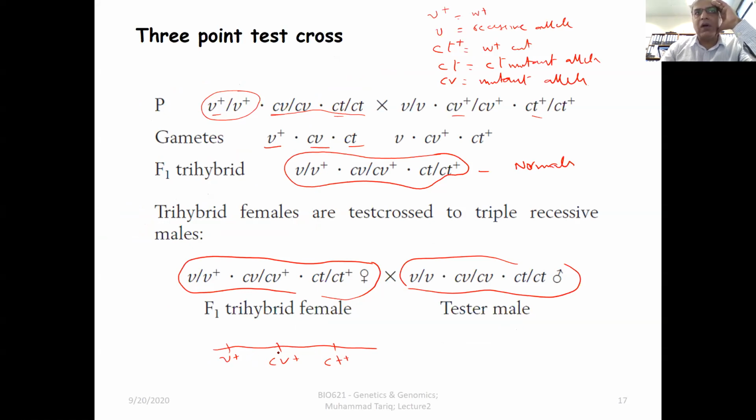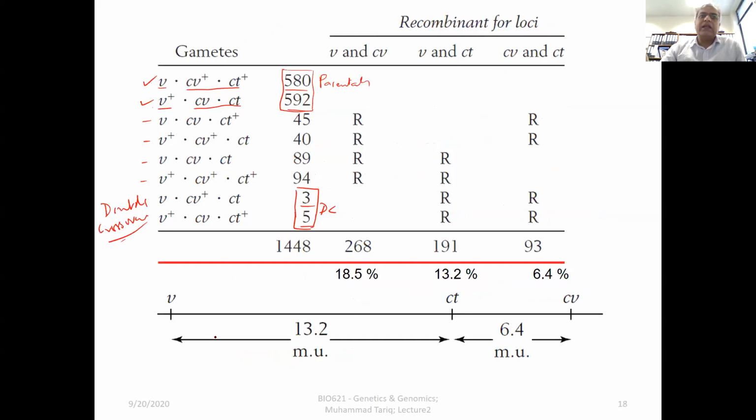Okay, through dihybrid crosses you can receive them, but you will never know in a dihybrid cross which one lies in the center. Is it the cut which lies in the center, the cross-veinless, or the vermilion? So for that, we use double crossovers, and they help us in determining the gene order, which one is in the middle.